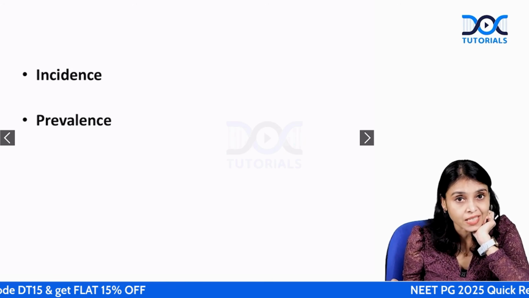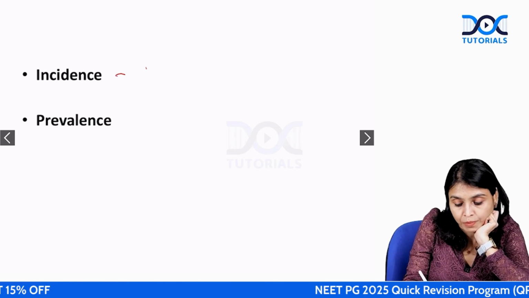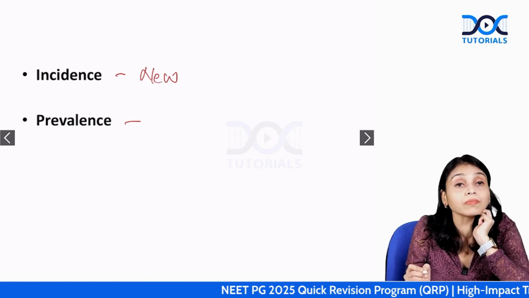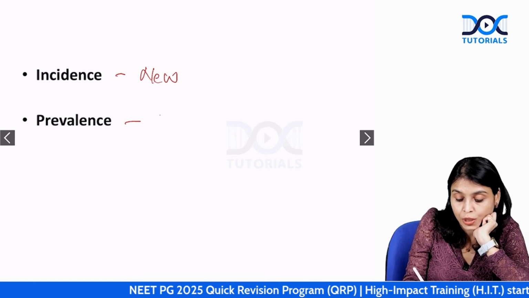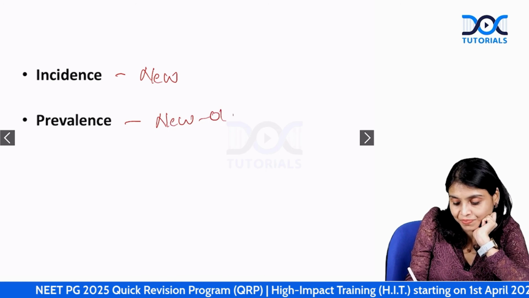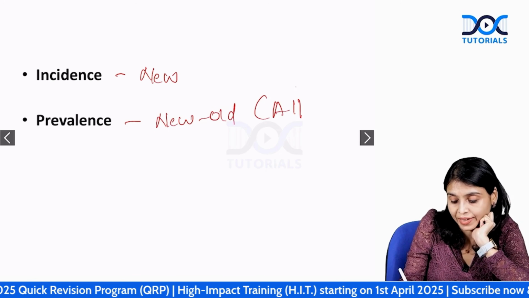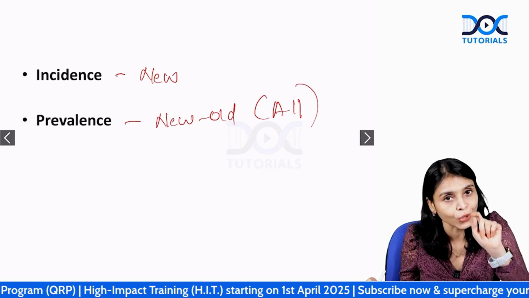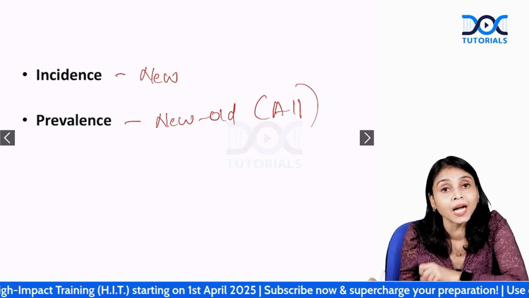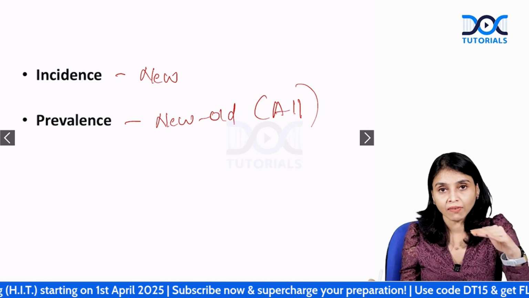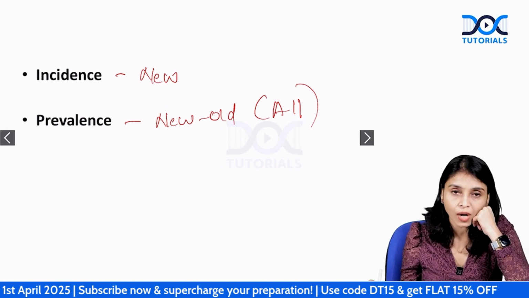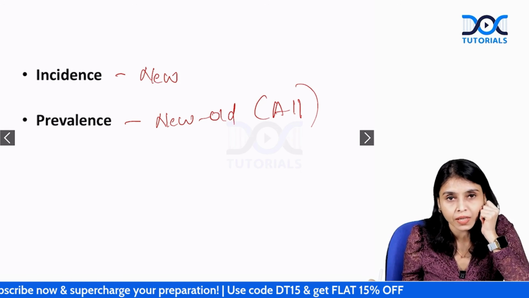Whenever I ask incidence, students tell me, Madam, new cases. Then what is prevalence? They say new plus old, or I would write all cases. You are absolutely right. Prevalence means you're doing a survey and you're trying to find out at one point how many are having a particular disease.